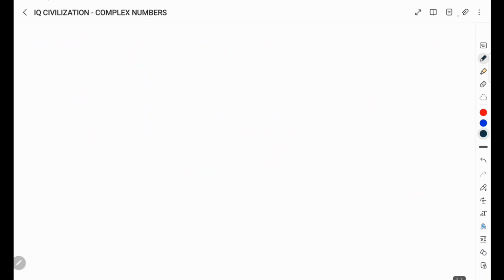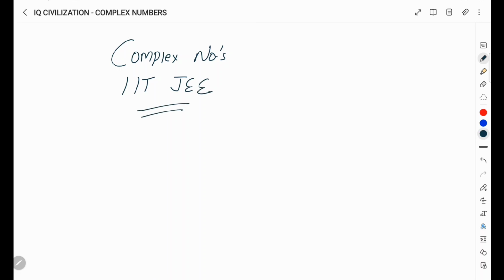Okay, next. So in this way we have finished the shortcut tricks for these complex numbers. These shortcut tricks are helpful not only for IIT, but also for the state board exams like AP EAMCET, Telangana EAMCET and all these things. The main purpose of learning a shortcut is that we have to save some time for other tough problems. We can't say that 100% of the problems will be easy, or that all the questions will be attempted by everyone.